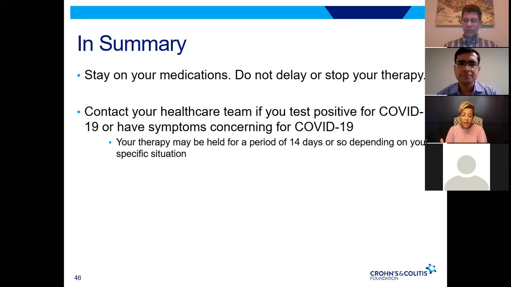But if there is a true exposure, or there are certain symptoms that are concerning for COVID-19, in the right scenario, we may want to hold your particular infusion to allow your body to respond to the virus, respond to the infection, and to get rid of the infection on its own. So contact your healthcare team, your gastroenterologist, if you're concerned about this. Next slide, please.